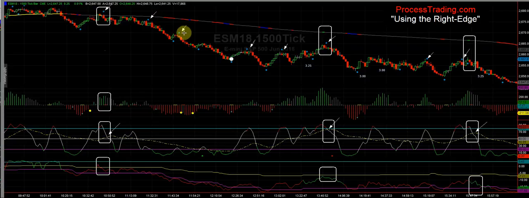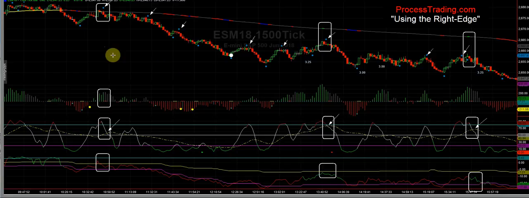That's these blue dots here, and you can trade only to the short side. And in particular, we use the 1500 tick bar chart to facilitate the trading.